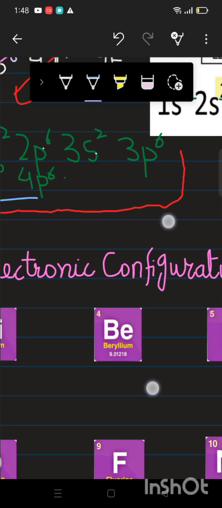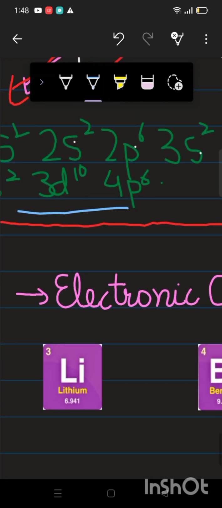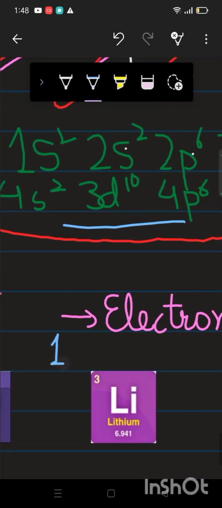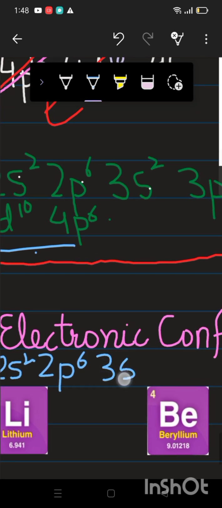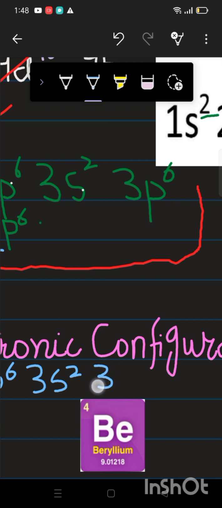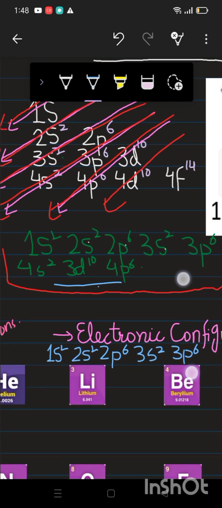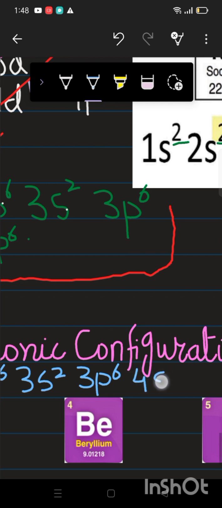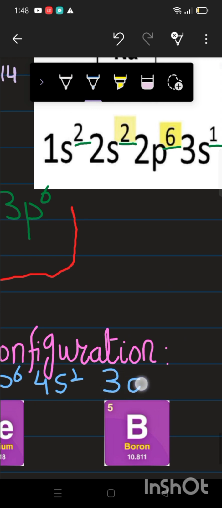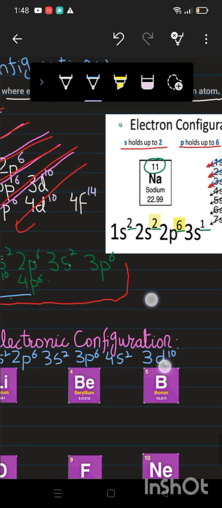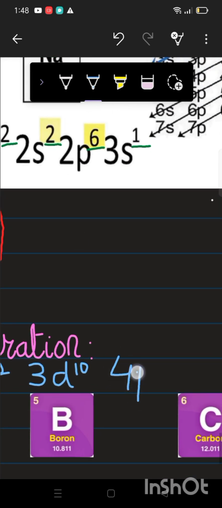Initially we have 1s2, so let's start writing from here. 1s2, then we have 2s2, then 2p6, then 3s2, 3p6, 4s2, 3d10, and then we have 4p6, and so on.